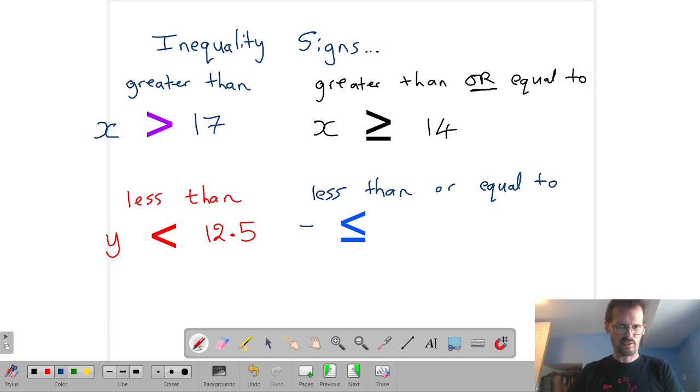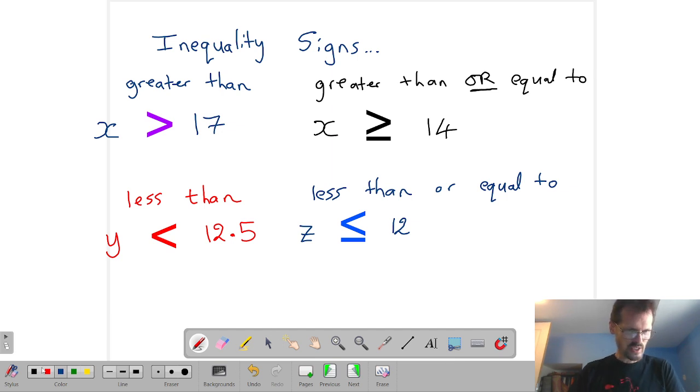So if we had something like Z, symbol 12, that just means Z is less than or equal to 12. So it could be 12, could be anything less than 12.